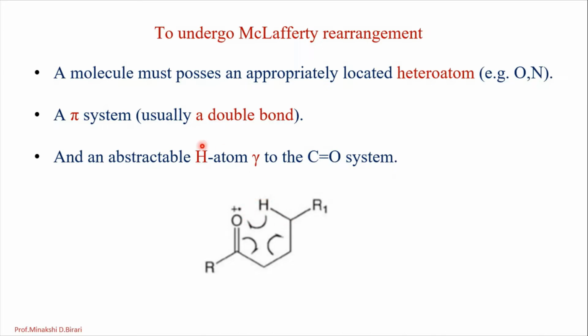Those are the important conditions to undergo McLafferty rearrangement: a molecule having a heteroatom, a pi system, and an abstractable hydrogen atom gamma to the carbonyl system. Only those molecules can undergo the McLafferty rearrangement.